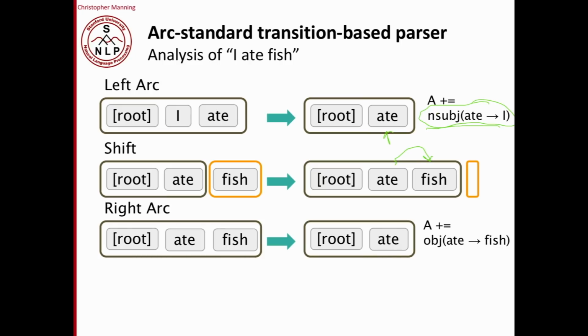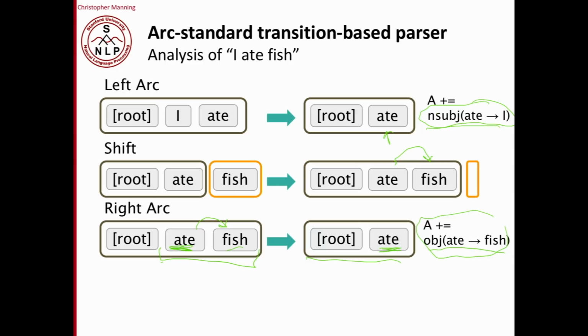And so I say right arc, and I do a reduction where I've generated a new dependency, and I take the 2 things that are on top of the stack and say fish is a dependent of ate, and therefore I just keep the head, I always just keep the head on the stack, and I generate this new arc.